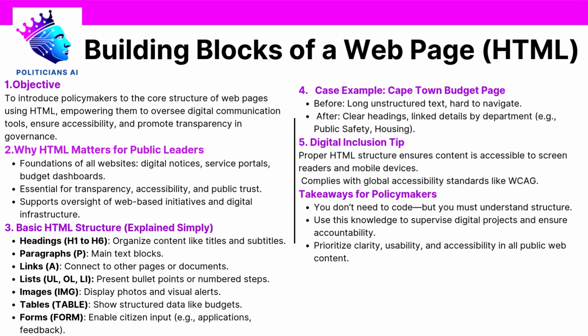Second, we have paragraphs. These are the basic building blocks of text content. Third, we have links. These allow users to click on a phrase, like click here to apply, which will take them to another page. Fourth, we have lists. Lists can be numbered, such as a step-by-step process, or bullet-pointed, such as a list of eligibility criteria.